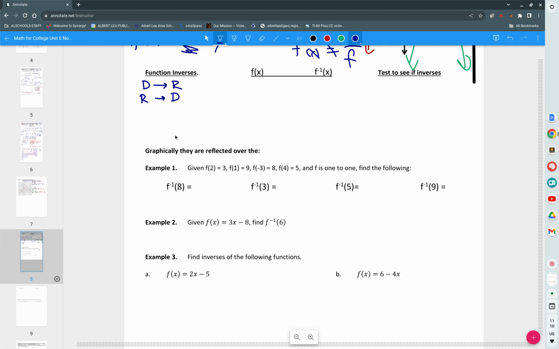We'll make it easier. The x's become the y's, and the y's become the x's.